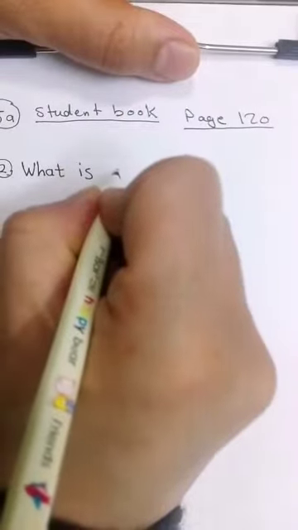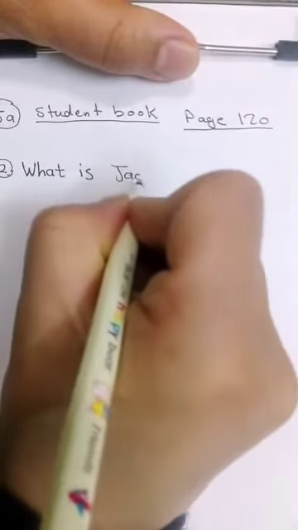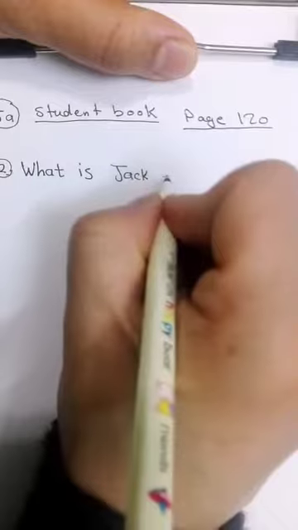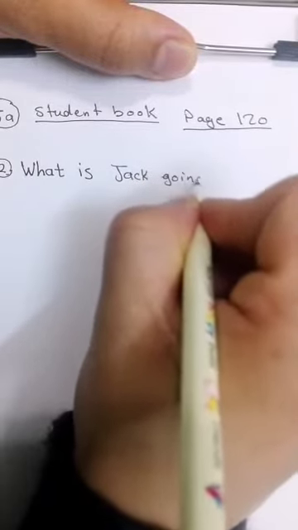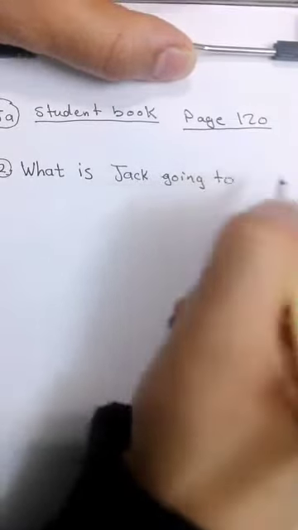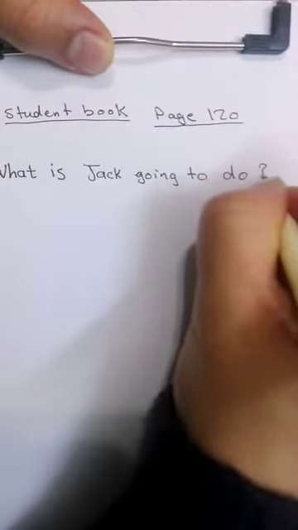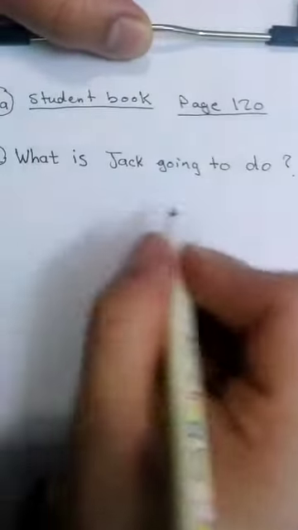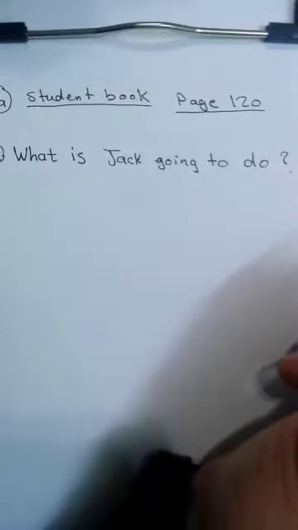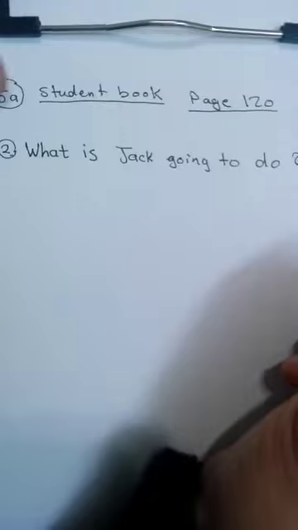What is? Then we write is here. And what is Jack? Then going to, and what's the verb? Going to do. And we have the WH question. What is Jack going to do? This is just the sentence.